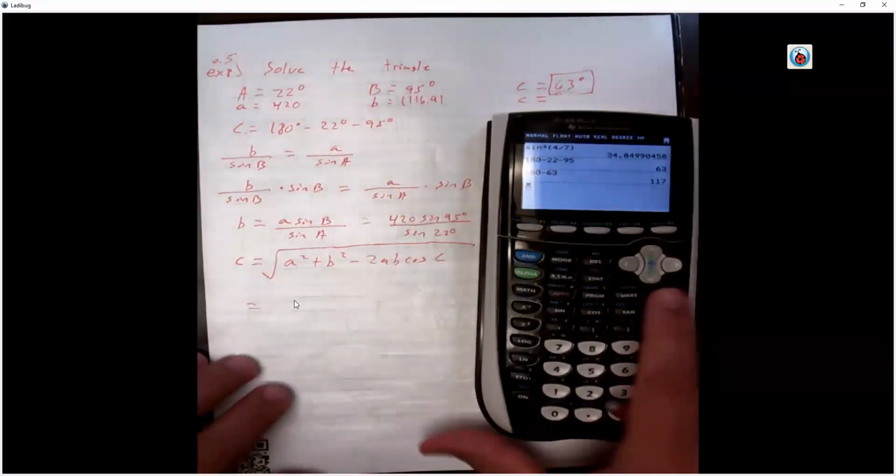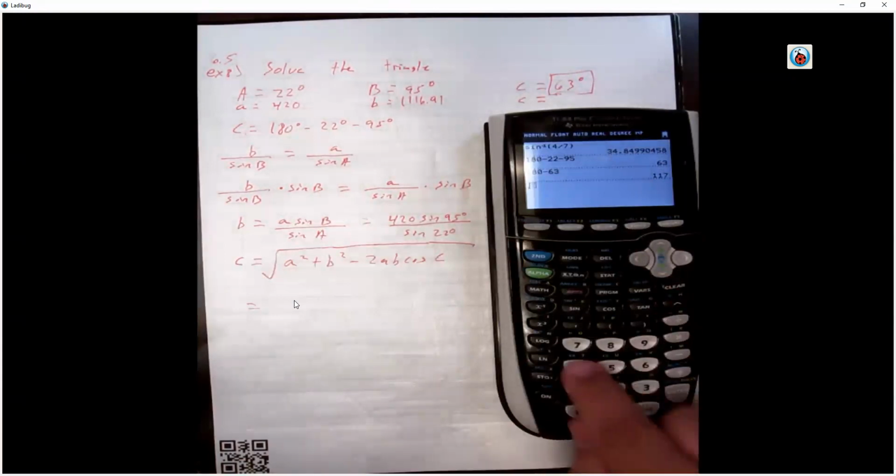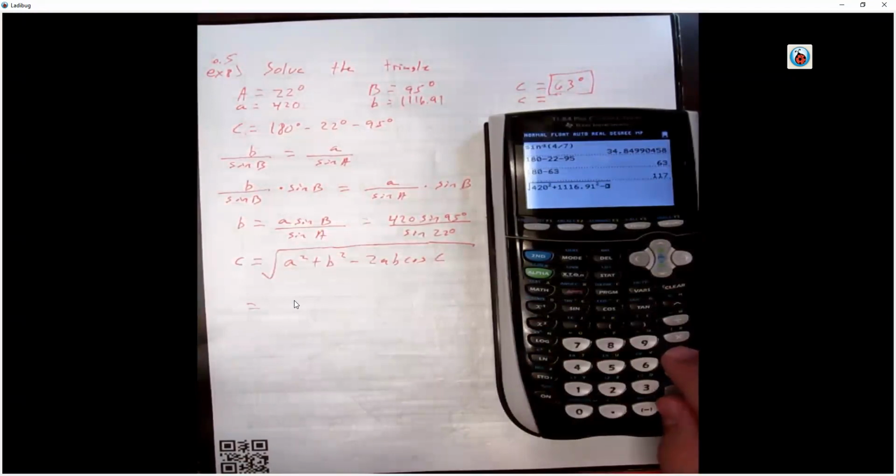Okay. So a squared plus b squared minus 2 times a times b times cosine c. So 998.98.